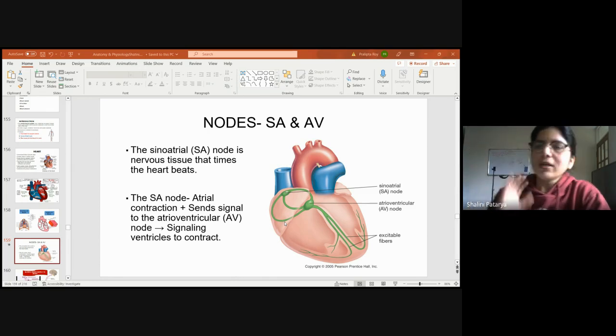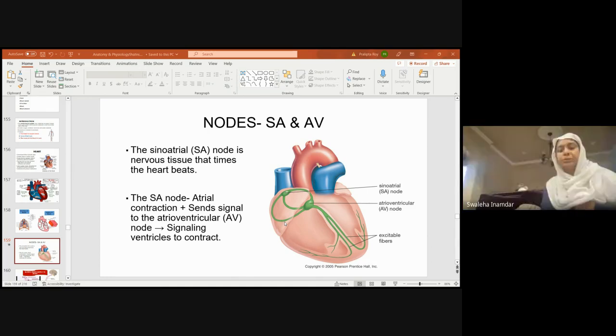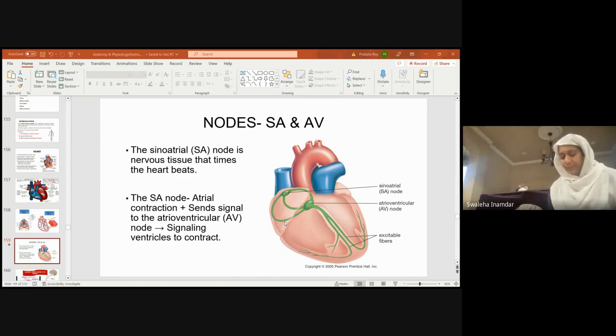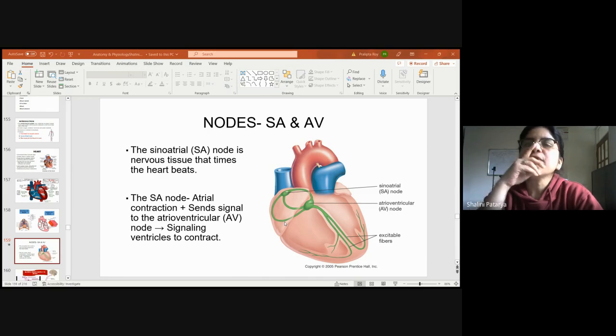So now understood. So Shalini ma'am, these sinoatrial nodes are related to the brain, right? Because we are getting signal from the brain when to pump and when not to pump the blood. Yes, in each and every system of your body, your nerves have to activate.